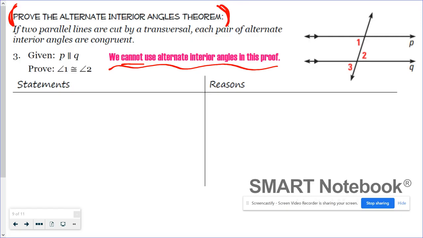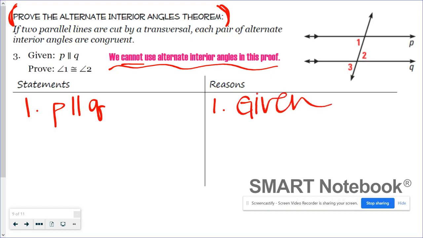Now we are given that line P is parallel to line Q, so we can use those other postulates and theorems associated with parallel lines. We just cannot use alternate interior angles are congruent.